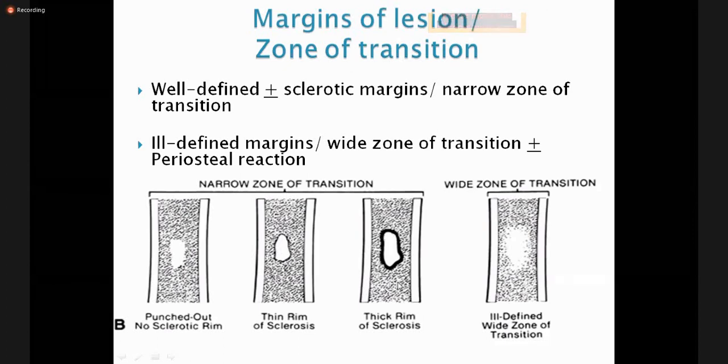Then there is a thick rim of sclerosis. Sclerosis means brightness. Basically, on X-ray, sclerosis appears bright. So we can separate the zone of transition.